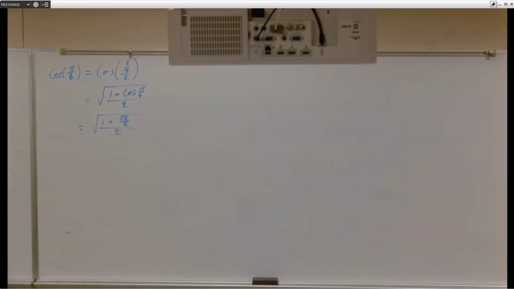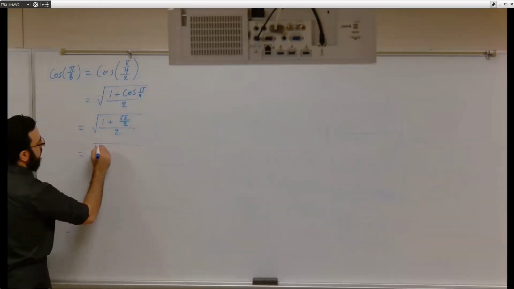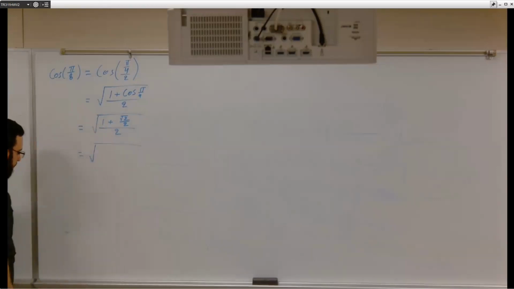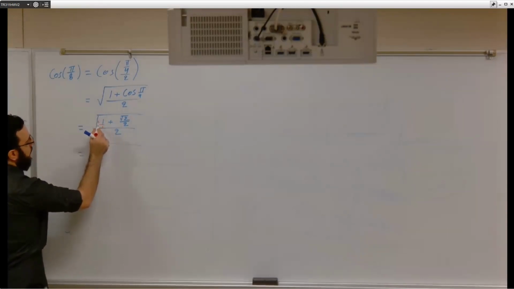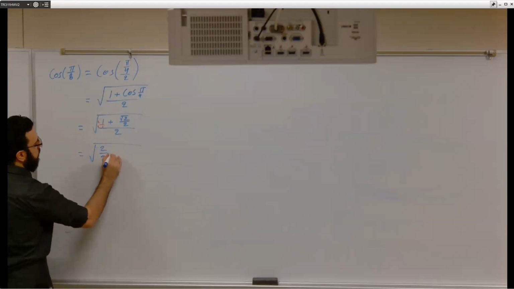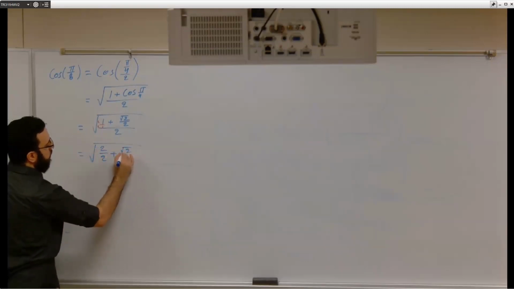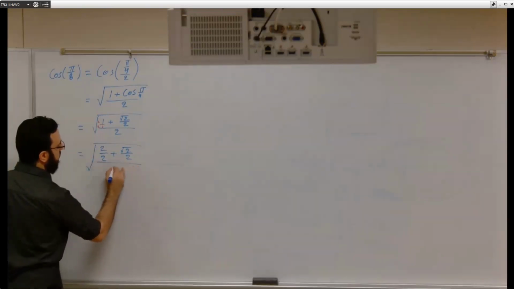Before there was negative, and now we have positive. So the same thing here is going to be the square root of, this is over 1, over 1. So I'm going to multiply by 2, multiply by 2. So it's going to be 2 over 2 plus square root of 2 divided by 2, and everything divided by 2.